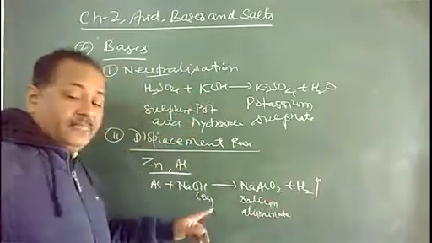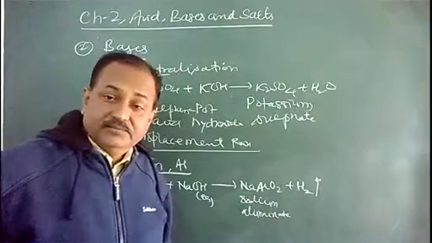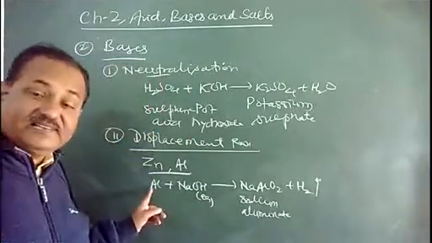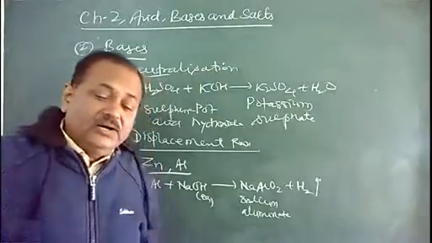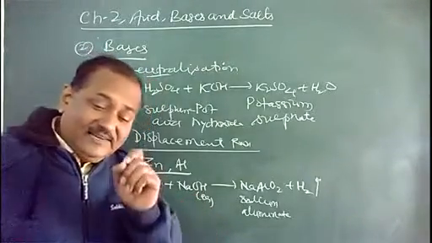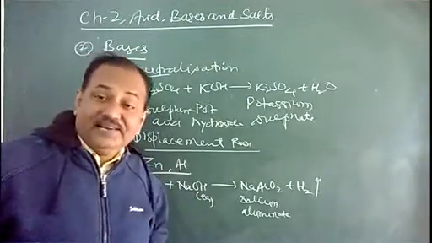So here also there is the liberation of hydrogen by reaction between reactive metals. Children, reactive metals like zinc, aluminium, magnesium, they undergo these reactions, but the intensity of reaction is very less.